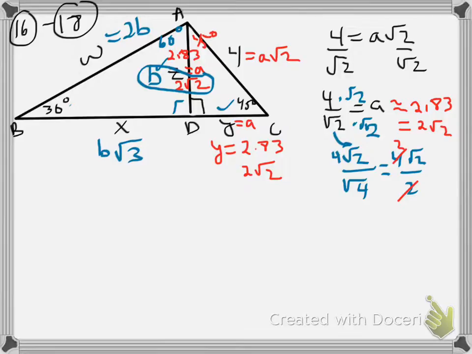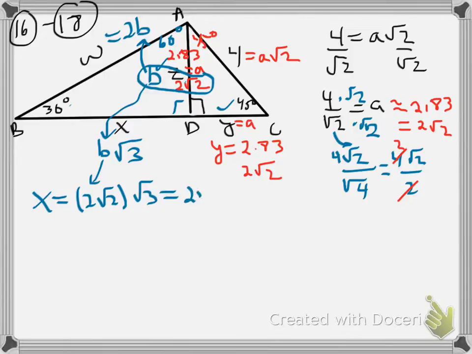Well, remember, wherever I see B, I'm going to put 2 root 2. If you want to put 2.83 in, you can, but I'm going to put that in there. So X, that B is going to become 2 root 2. And outside is a root 3, which means it's 2 times root 2 times root 3, which is 2 root 6. There's X.